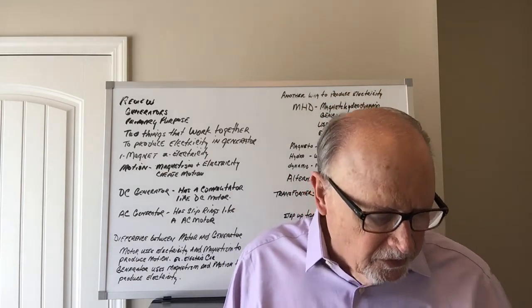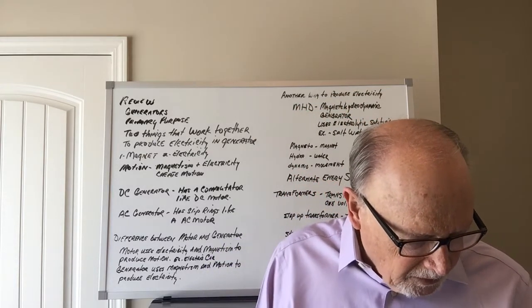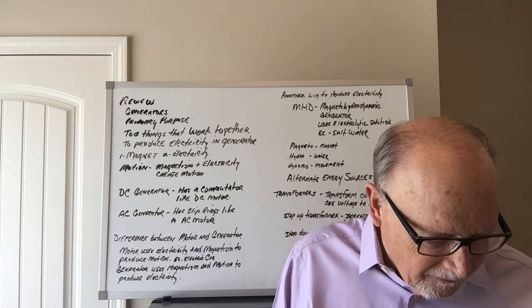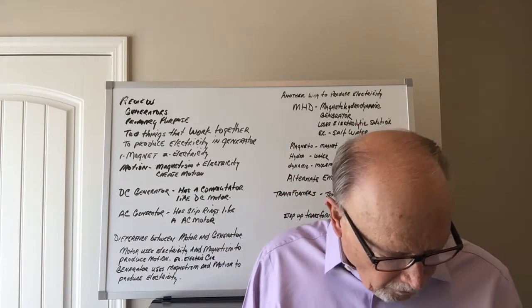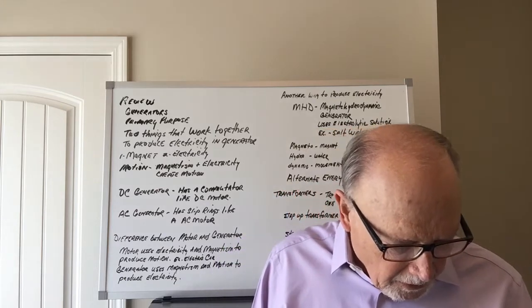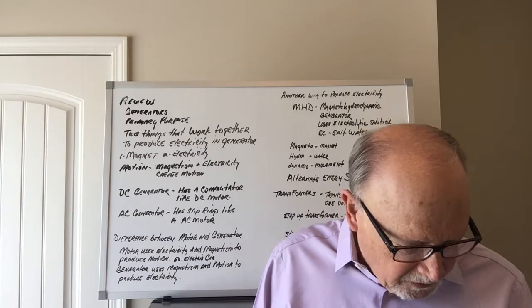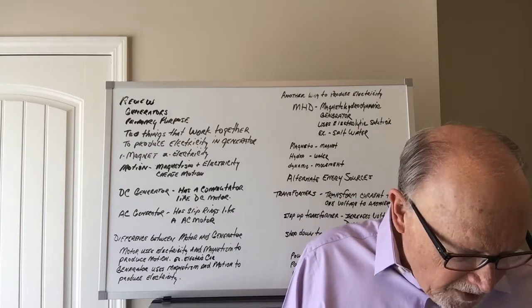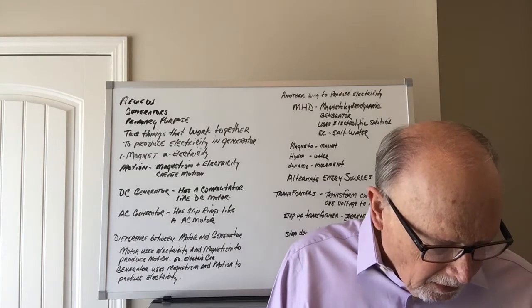Notice on page 369, let's read this last paragraph on the right-hand column. It says, MHD generators have the advantages of being simple and having no moving parts. Unfortunately, MHD generators do have some drawbacks. They are efficient only if extremely powerful field magnets, generally superconducting electromagnets, are used.